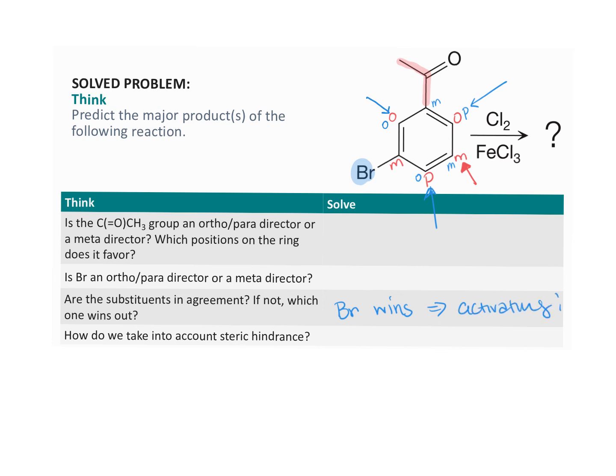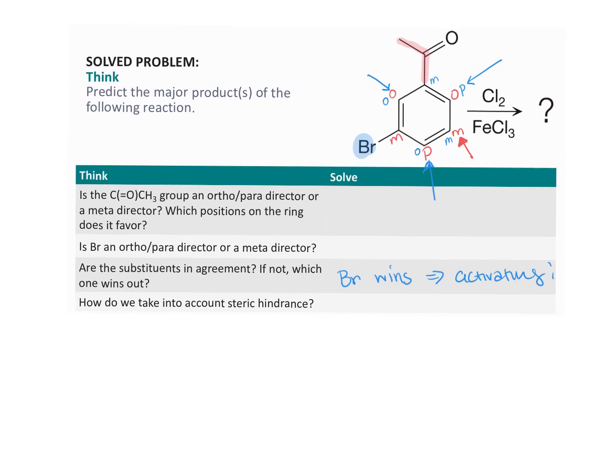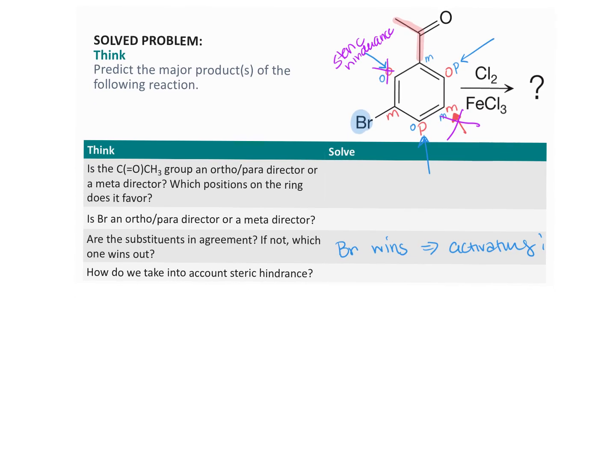Now, we also need to think about steric hindrance a little bit. The bromine is more activating, but this site here has a lot of steric hindrance, so it's not likely going to substitute there, and it's not going to substitute there. So it's going to substitute at the other two places.